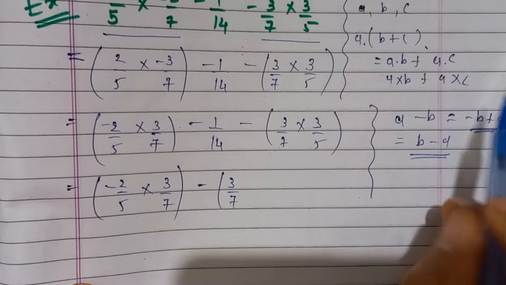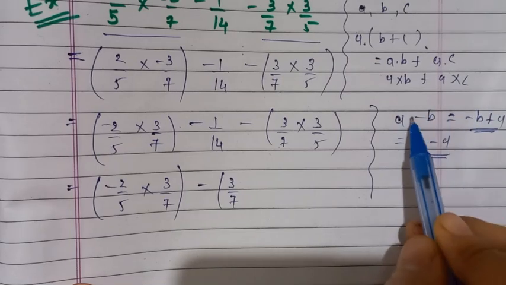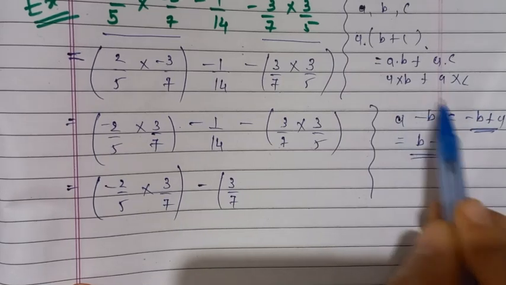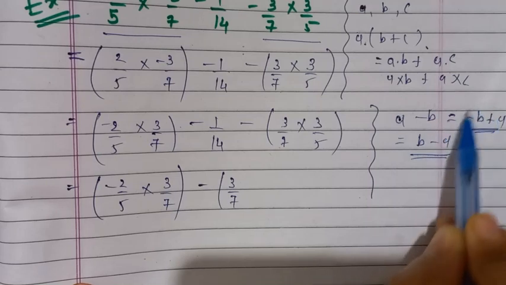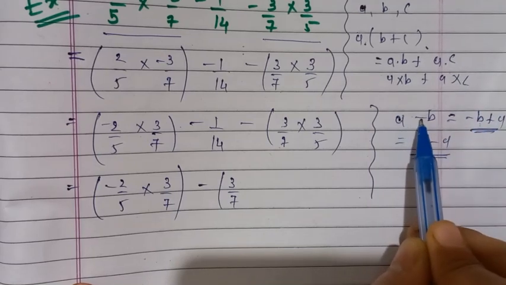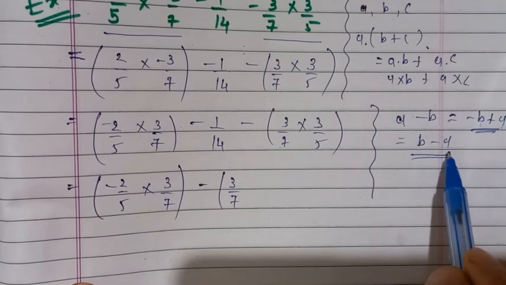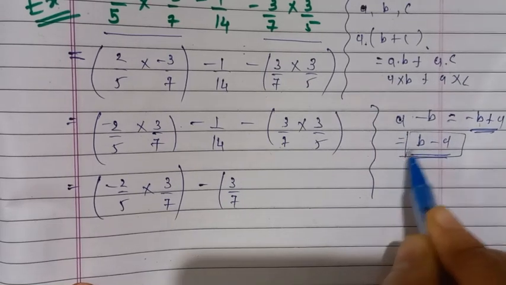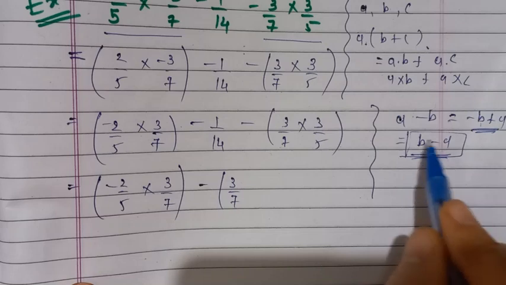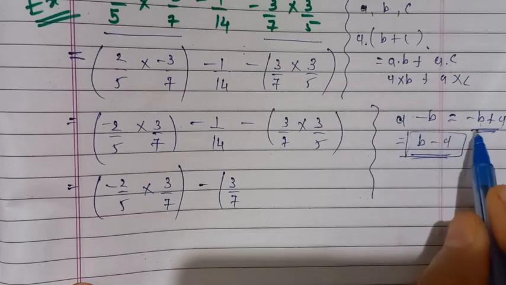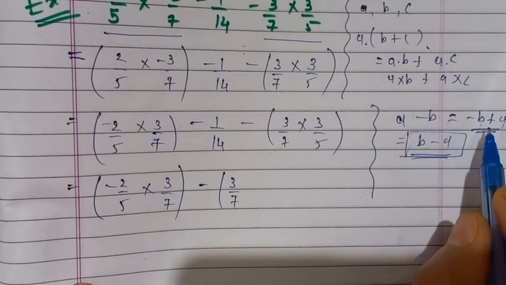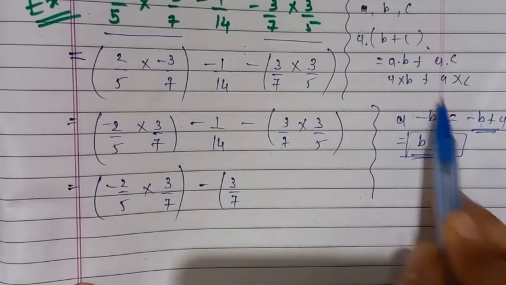We write B with minus, because here B is negative, so we write minus B, not B only, because if we write B minus A, then the answer will change. It is not equal to A minus B, but it is equal to minus B plus A. We write first minus B and then plus A.